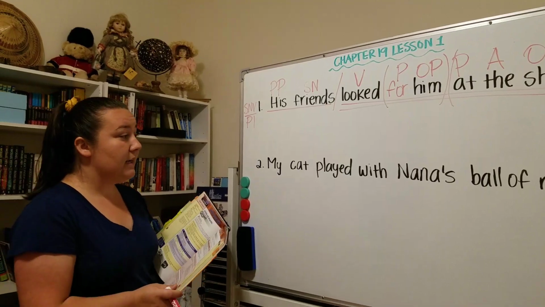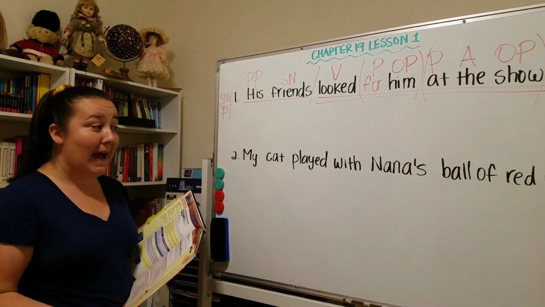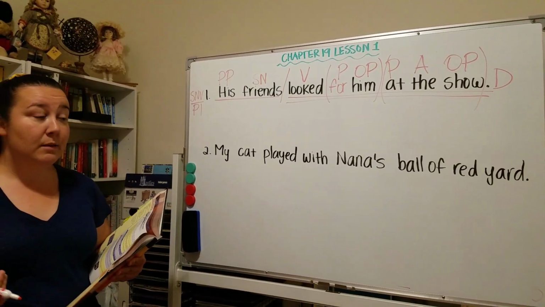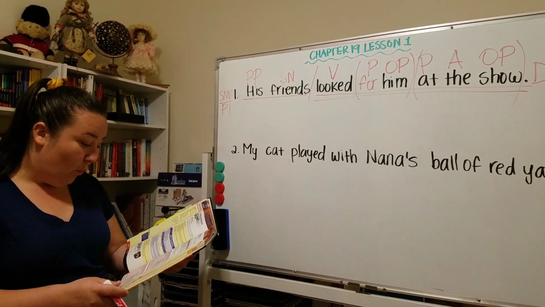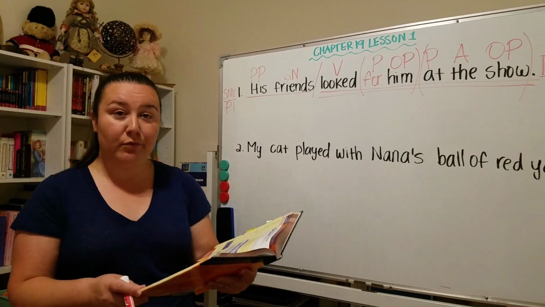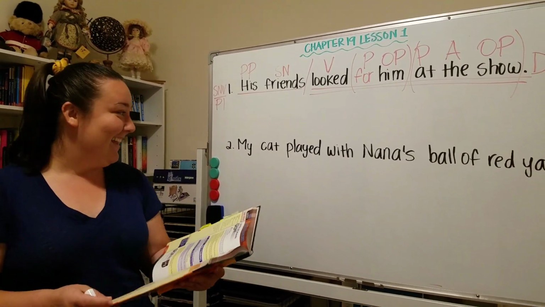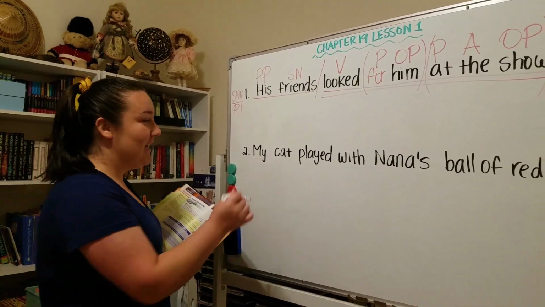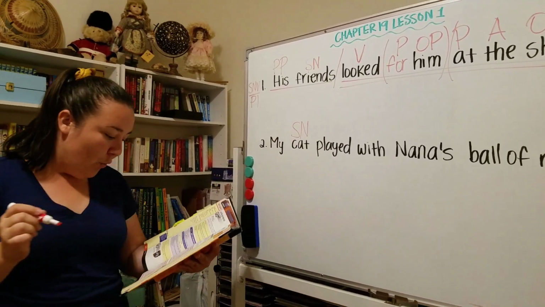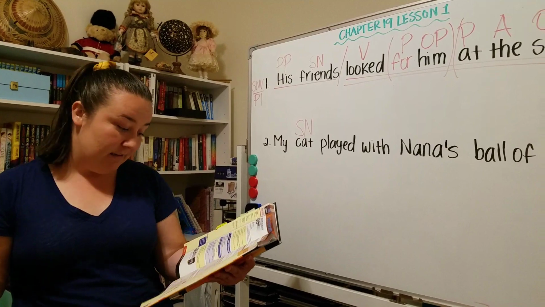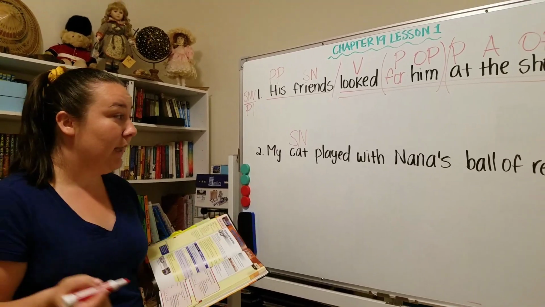All right, sentence 2: my cat played with Nana's ball of red yarn. What played with Nana's ball of red yarn? Cat. Subject, noun. What is being said about cat? Cat played.